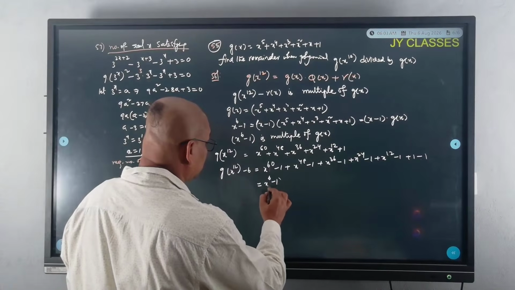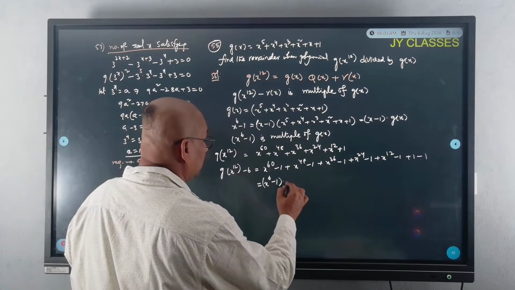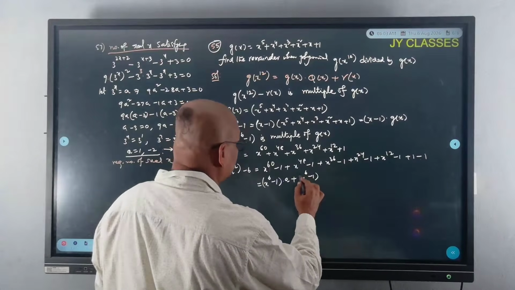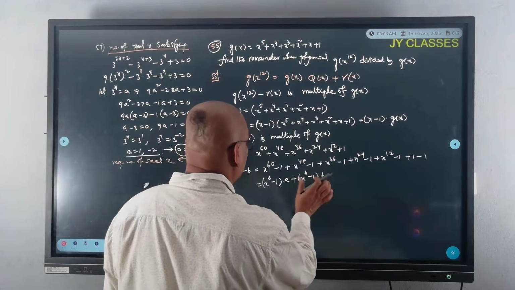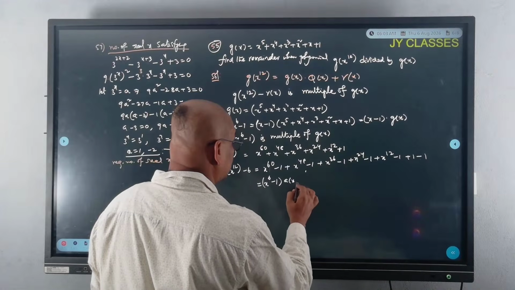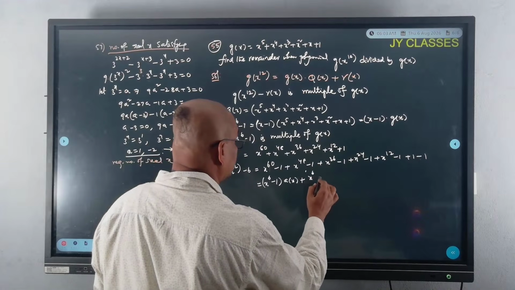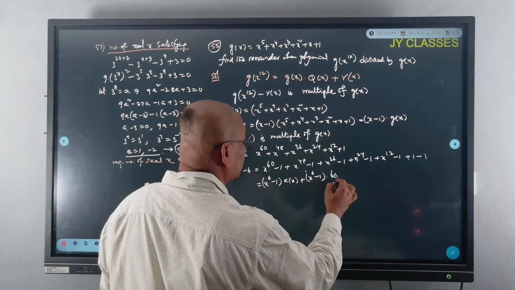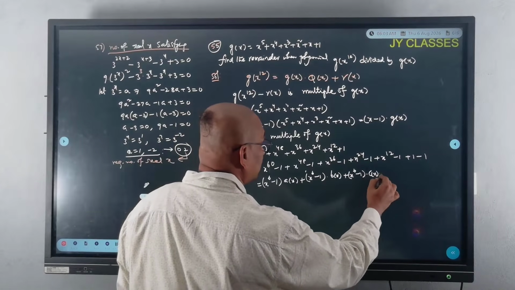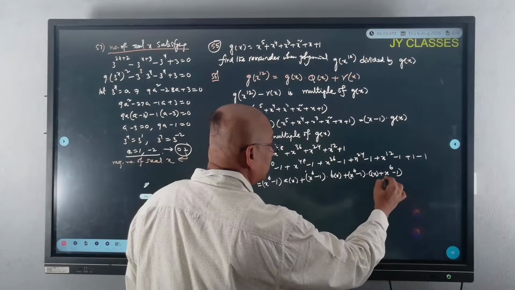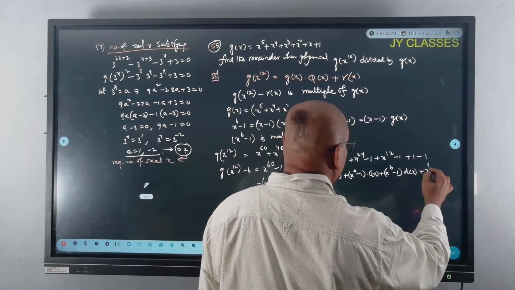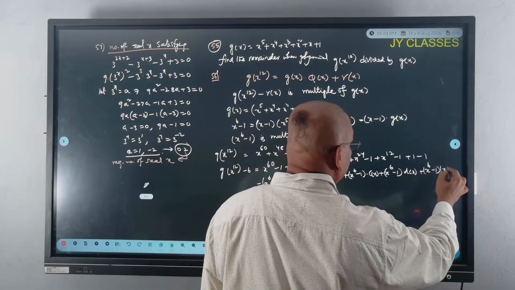This is x power 6 minus 1 into a plus x power 6 minus 1 into b. Let us take polynomials a of x, b of x: a of x plus x power 6 minus 1 into b of x plus x power 6 minus 1 into c of x plus x power 6 minus 1 into d of x plus x power 6 minus 1 into x power 6 plus 1.